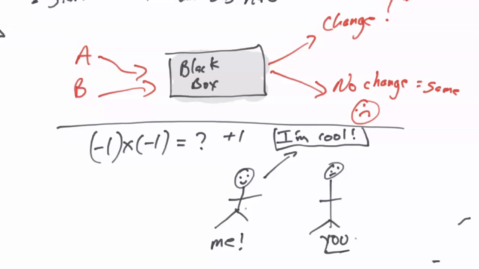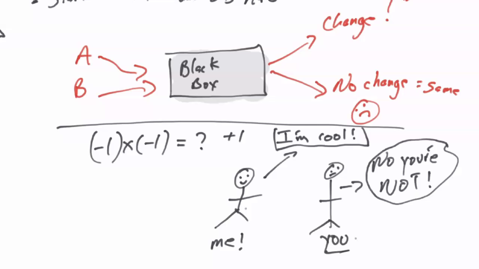And then the response that is typically given when you are 6, 7, 8 years old is, no, you're not. And then I'd come back and say, but yes, I'm cool. And you'd say, no, you're not. And this would continue on and on again.